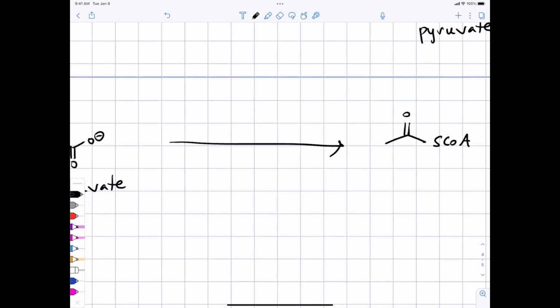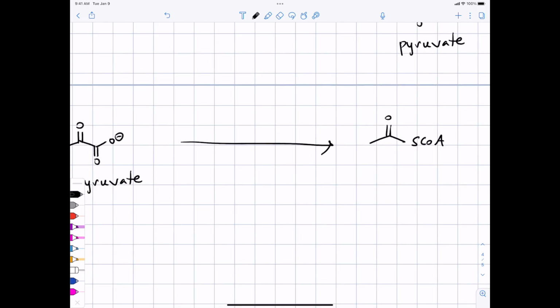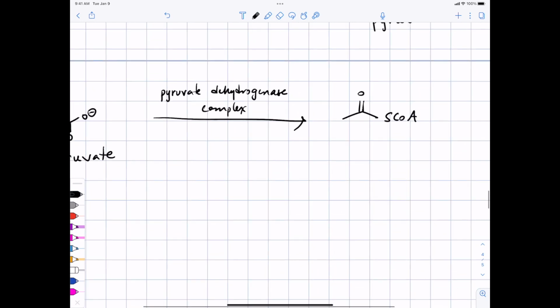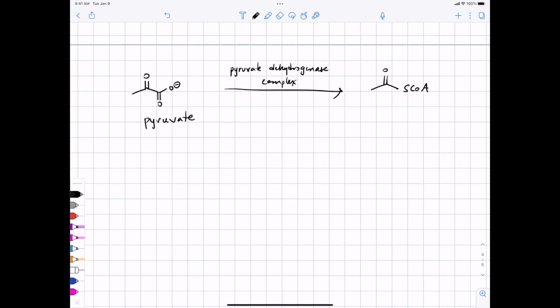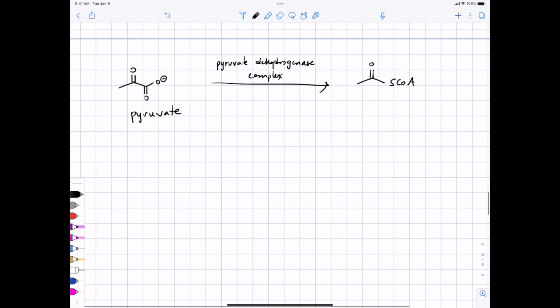There's a multi-enzyme complex that does this reaction. It's called the pyruvate dehydrogenase complex. Dehydrogenase tells you it's going to be an oxidation reaction. And we'll talk about how all this happens. It's kind of complicated. It's also kind of beautiful.